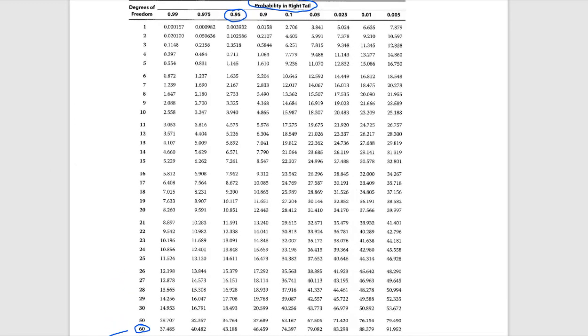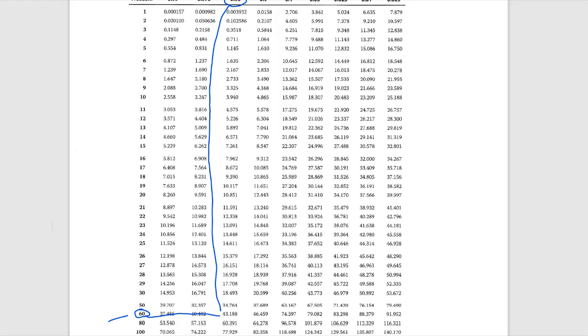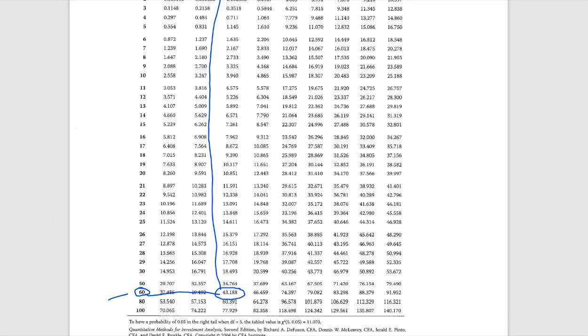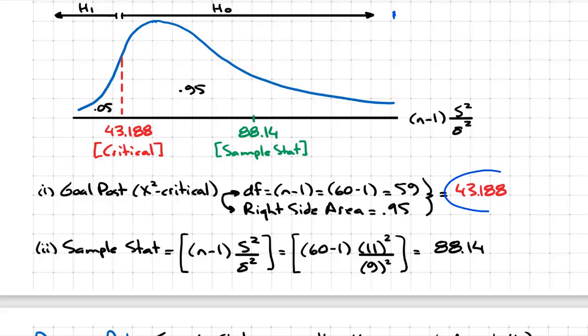So if we triangulate degrees of freedom and probability on the right tail, we triangulate to 43.188. So that's where we got that number. So this would be our goalpost.